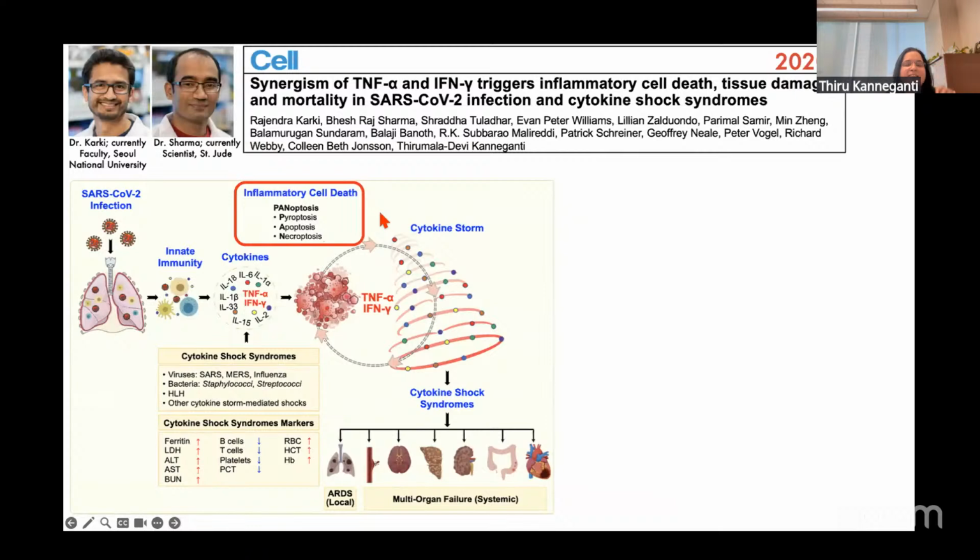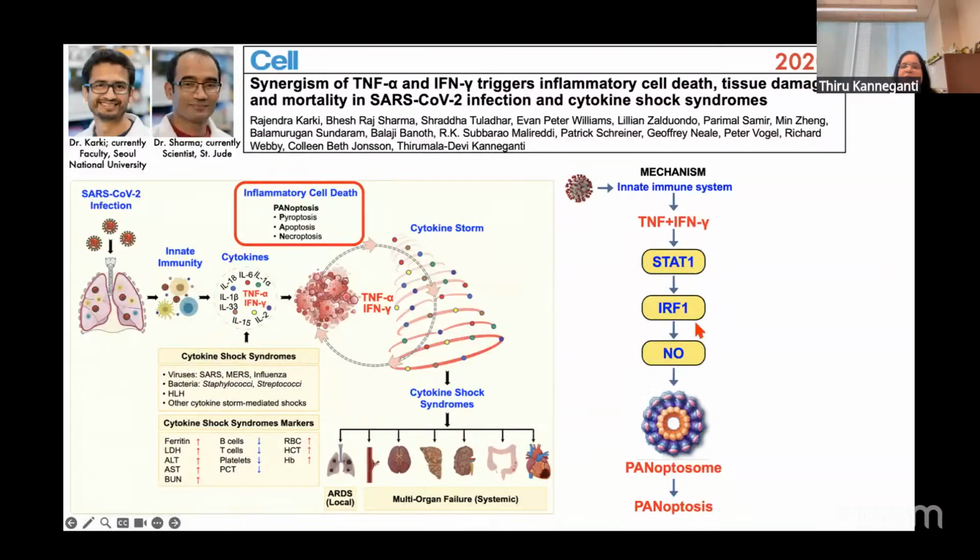During that time, we were able to show that there is a synergistic effect of downstream cytokines regulated during innate immune responses that could also drive this inflammatory feed-forward loop, like cytokine storm, instigating multi-organ failure and death.